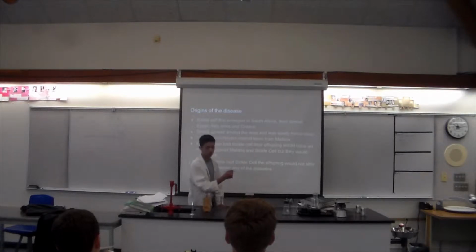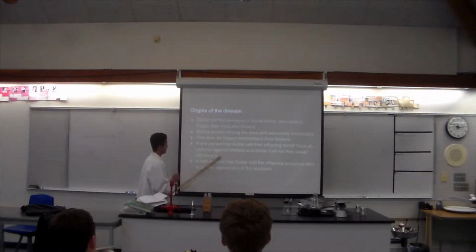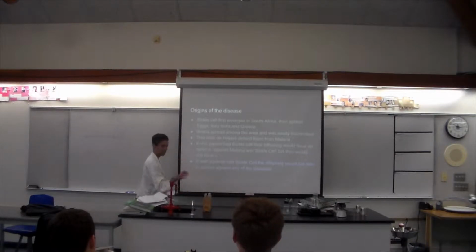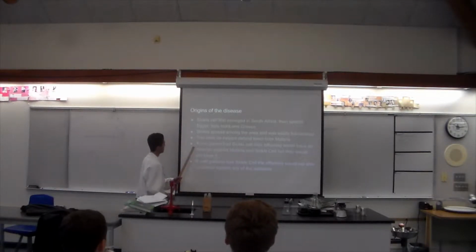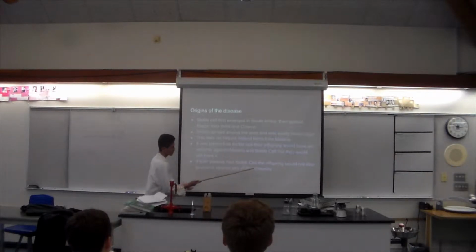But I'm gonna get back to that. This later on helped them defend from malaria, and it helped them defend because if an offspring had part of sickle cell in it, it would help them be immune to malaria. Again, I'll get back to it. If one parent had sickle cell, the offspring would have a defense against malaria and sickle cell, but they would still have it.